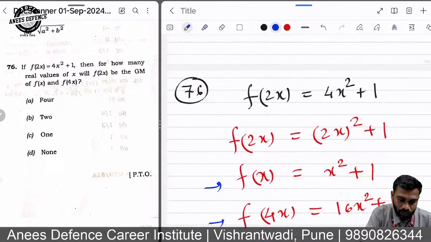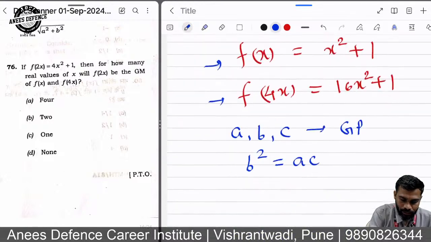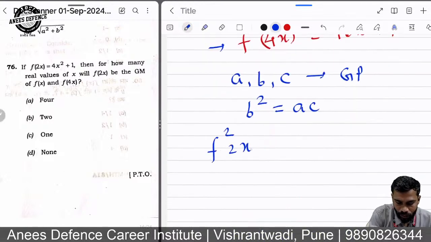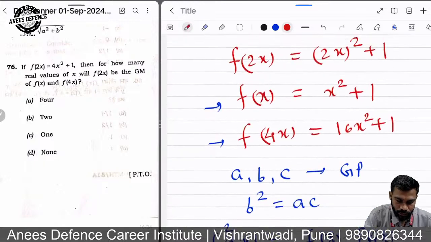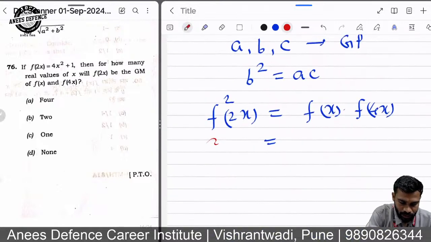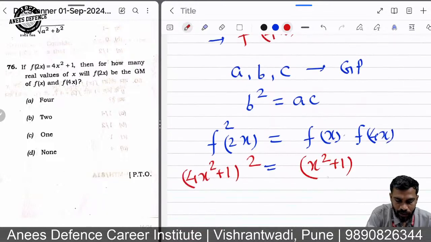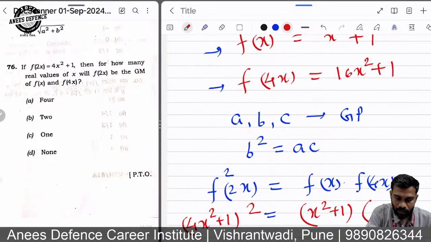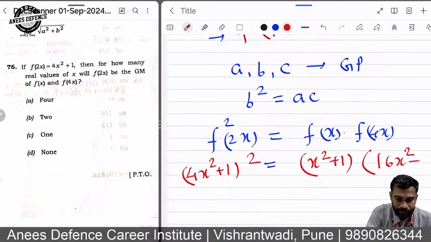So f of 2x whole square is equal to f of x into f of 4x. Now let us simplify this. We have f of 2x equal to 4x square plus 1, so this will be (4x square plus 1) whole square, which is equal to f of x, x square plus 1, into 16x square plus 1.